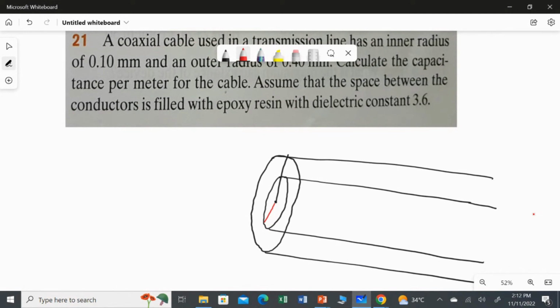And this black color line is the outer radius. I think I can write R2 for the outer radius and R1 for the inner radius. Clear? Okay.